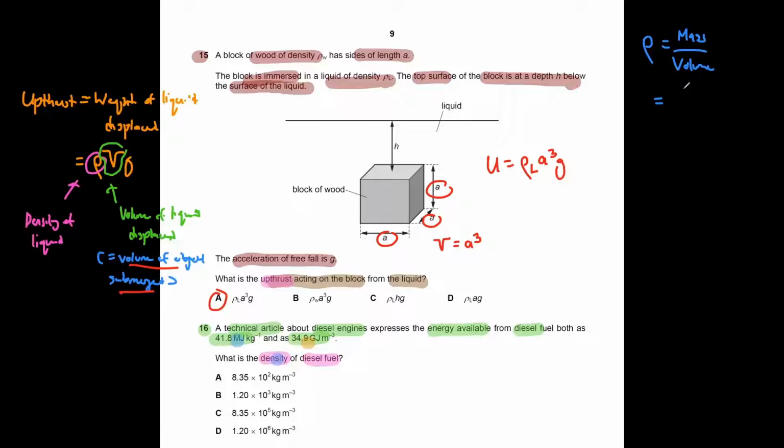Now you can also say that density is energy per unit mass times with volume. Sorry, I did it the other way around, sorry. If you want to get density as mass per unit volume, it can be found by the products of two different ratios.